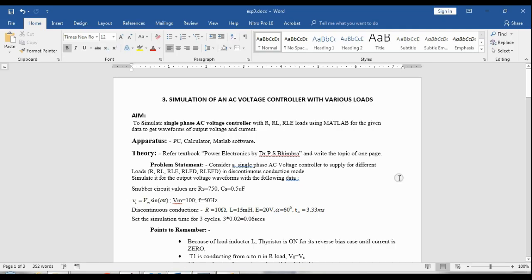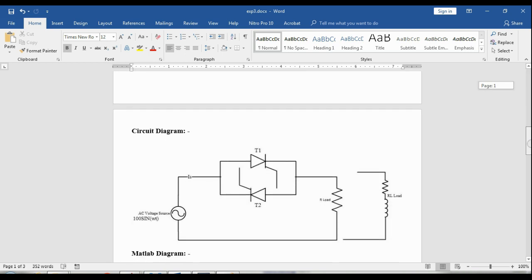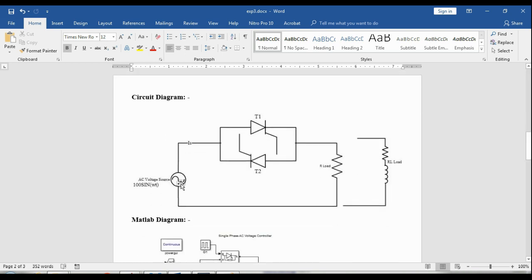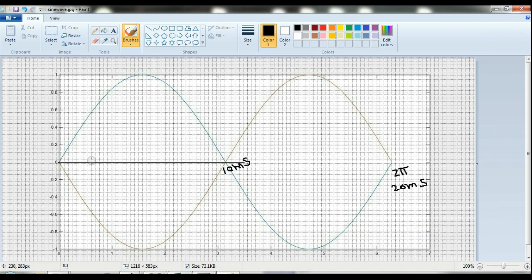If we see the circuit of the AC voltage controller, the circuit will be like this. During the positive half cycle, T1 will be triggered at alpha equal to 60 degrees. During the negative half cycle, T2 will be triggered at its corresponding alpha equal to 60 degrees. That is, T1 is triggered at this point, and T2 is triggered at this point.